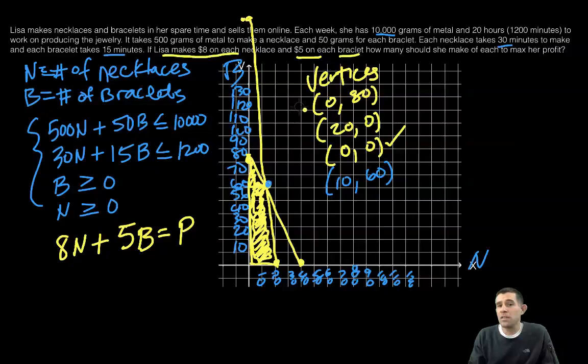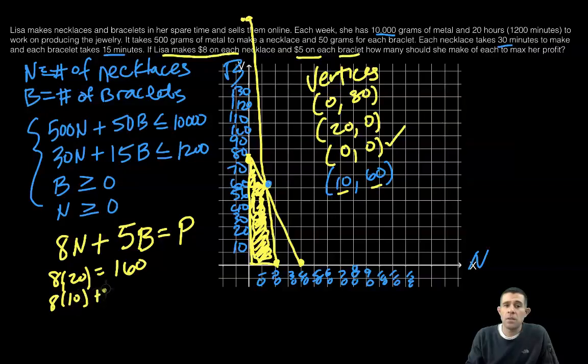The next one we need to consider is 20, 0. So if we put 20 in for our n and 0 in for b, that's 8 times 20, and that's going to result in a profit of 160. All right. The next we need to consider is 10, 60. So that's 8 times 10 plus 5 times 60. That's 80 and 300.